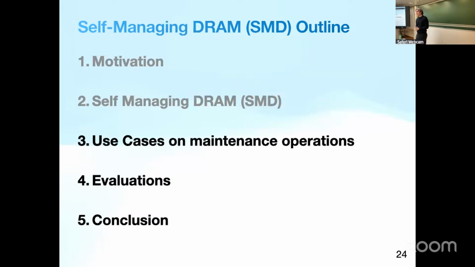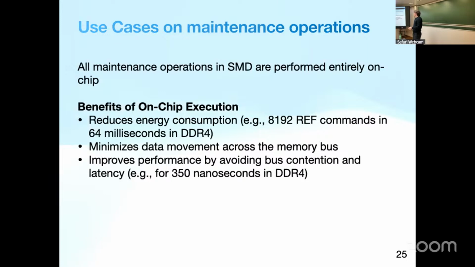Now, I'll talk a little about the maintenance operations themselves. In SMD, every maintenance operation will be done within or on the memory itself. The benefits of this are that energy consumption is reduced, as way fewer commands have to be sent over the memory or over the command bus.